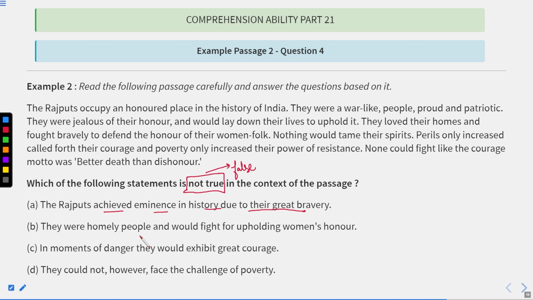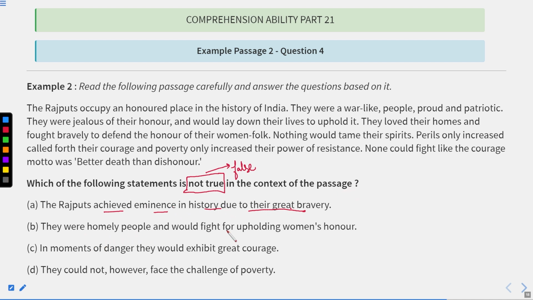They were homely people and would fight for upholding women's honor. In moments of danger, they would exhibit great courage. They could not, however, face the challenge of poverty. In these four lines, since they are asking about the not true statement: that Rajputs achieved eminence in history due to their great bravery, yes, that is true.